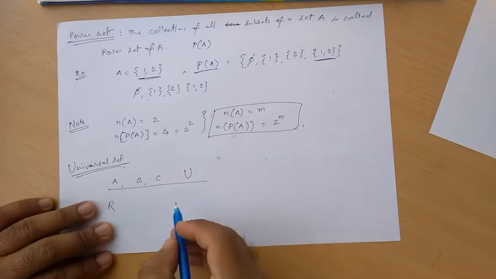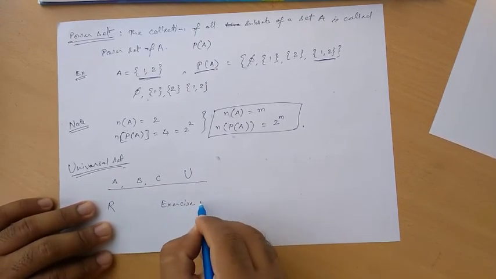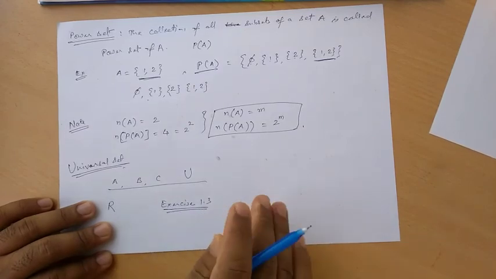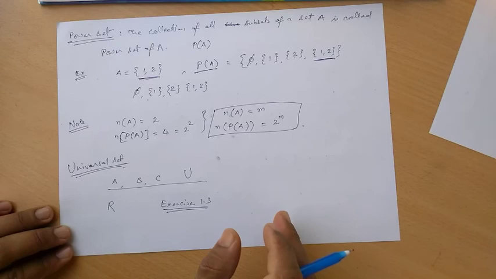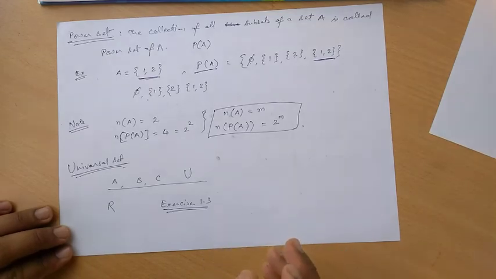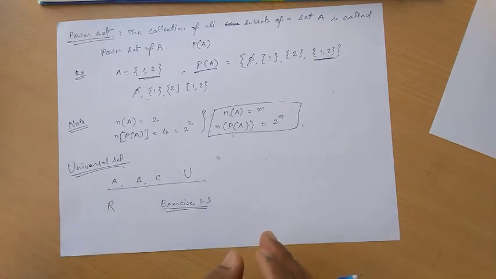So here we are going to start with exercise 1.3, and here make correct statements by filling in the symbol, whether that is subset or not subset, in the blank spaces. So definitely by reading these things we can solve all the questions.